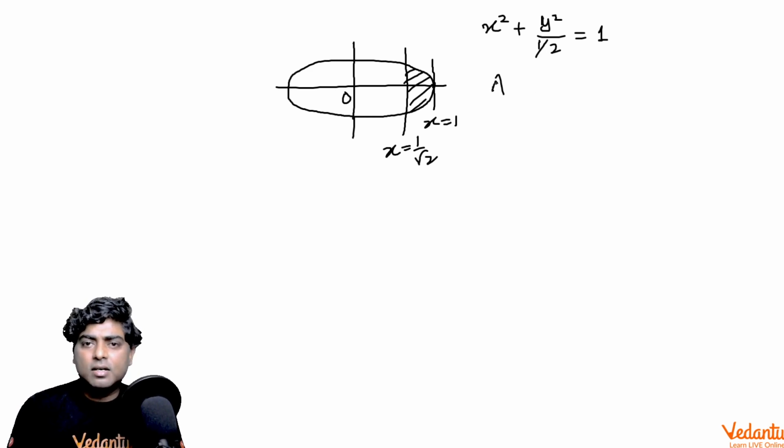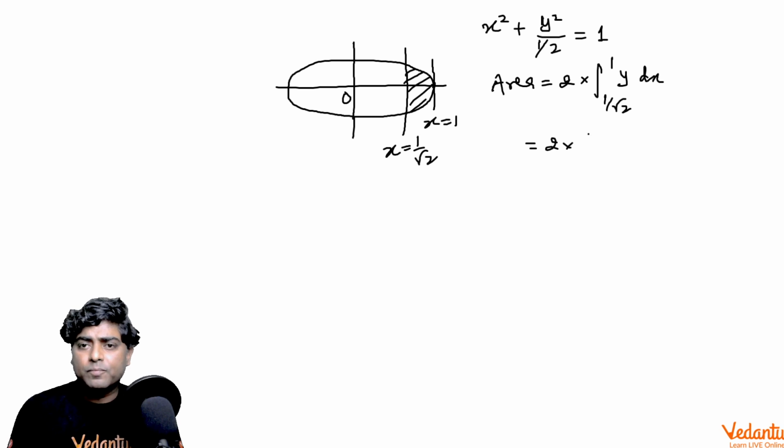So the area, from the symmetry, is twice the area falling in the first quadrant, that is the area under the curve from 1/√2, y dx. And what is y? y is in fact 1/√2 times under root 1 minus x square.